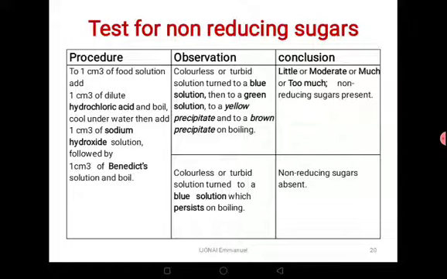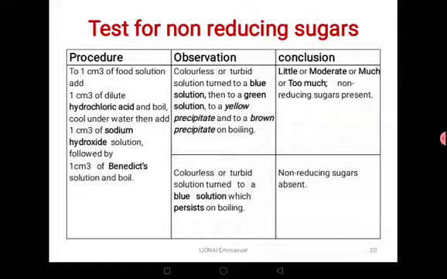And then you add 1 centimeter cubed of sodium hydroxide solution after cooling, followed by 1 centimeter cubed of Benedict solution. So let me repeat that procedure. To 1 centimeter cubed of a food solution, maybe X, Y, or P, whatever, you add 1 cubic centimeter of dilute hydrochloric acid and boil.